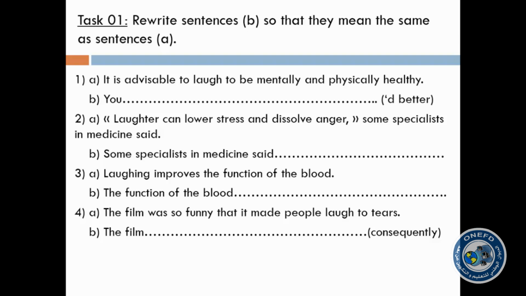You start your sentence with "The film" and you rewrite it using the word or the expression "consequently". So please feel free to pause the video, note down the sentences and try to answer them on your own. This task is a review for your grammar lessons.